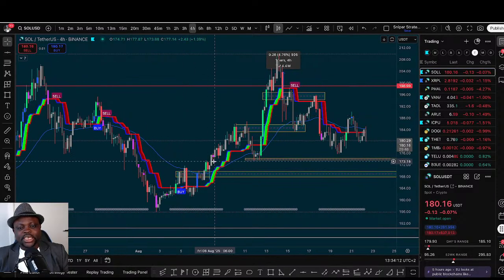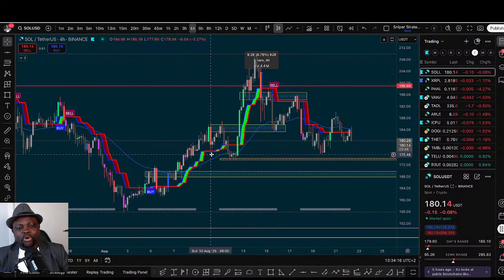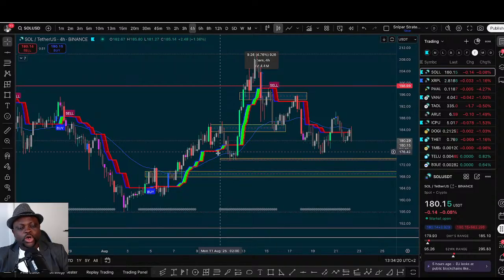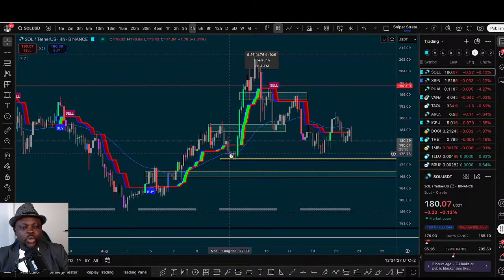Now about the exit, whether you see price above the alpha trend, you are in that trade. So you don't want to see any candle close below the alpha trend. When you see any candle close below the alpha trend, you are exiting the trade.